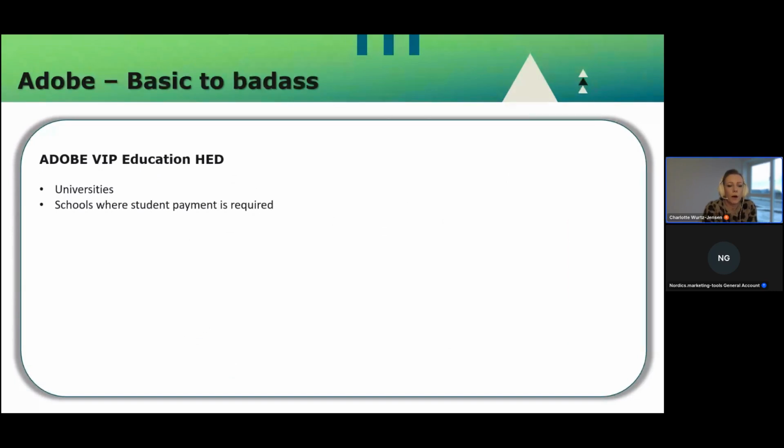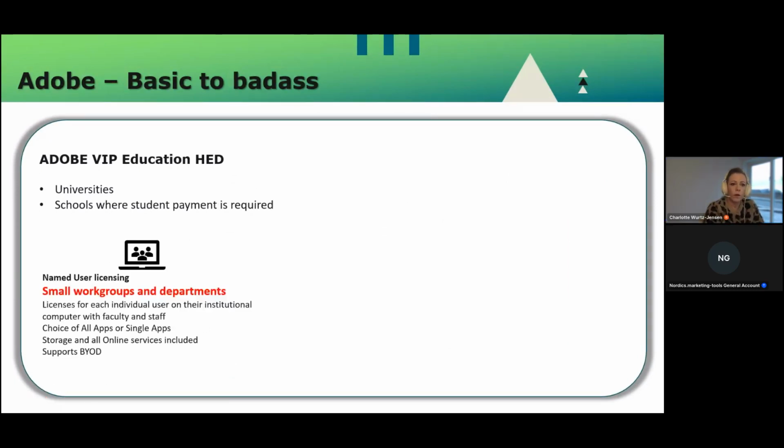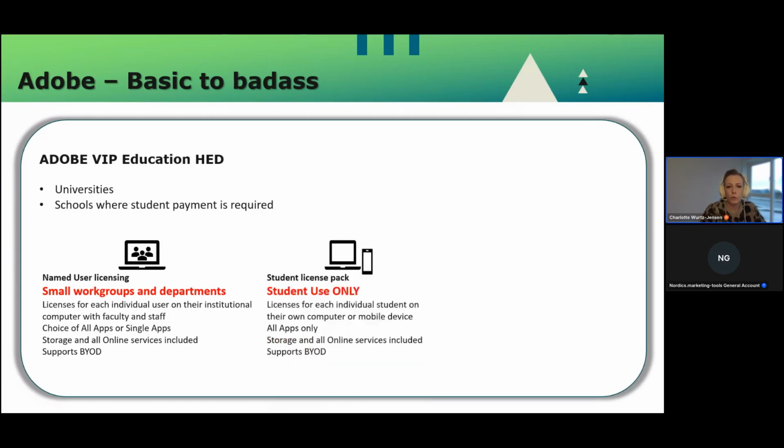Higher education, as I mentioned, means universities and also schools where you need some kind of payment to be a student. Here we have named user licensing. This can be shared with your students and also faculty and staff, and they are of course allowed to use these licenses on their own device.